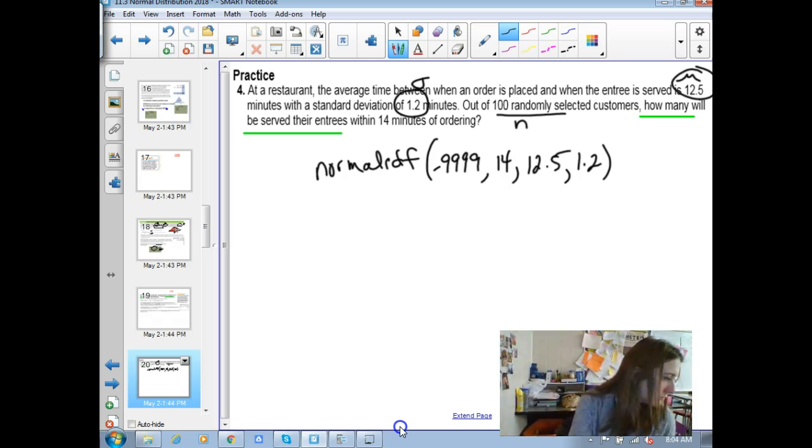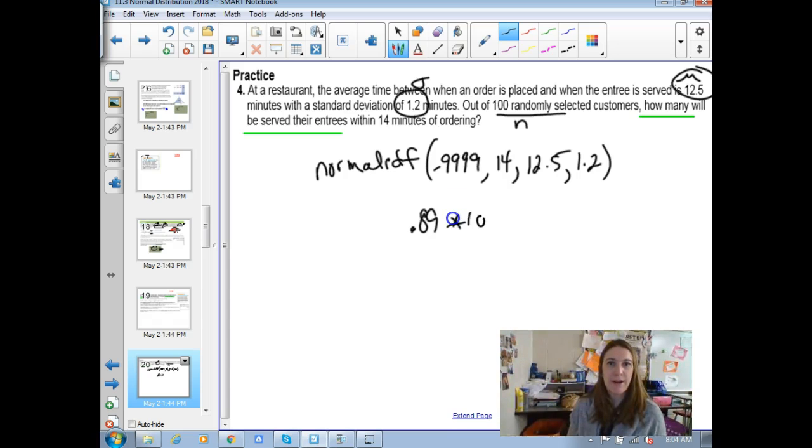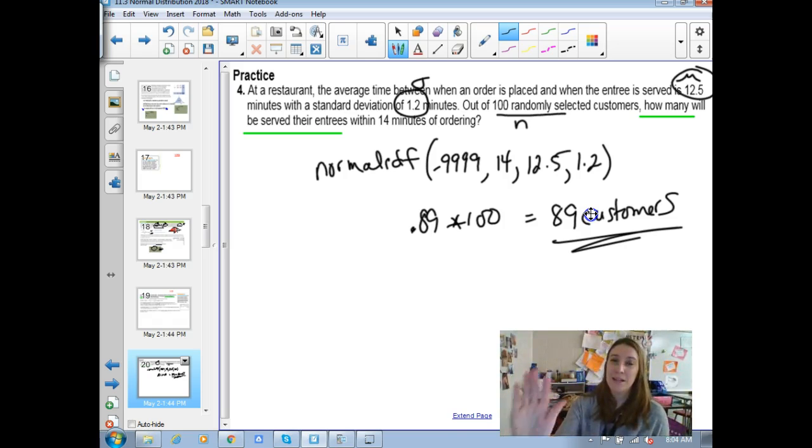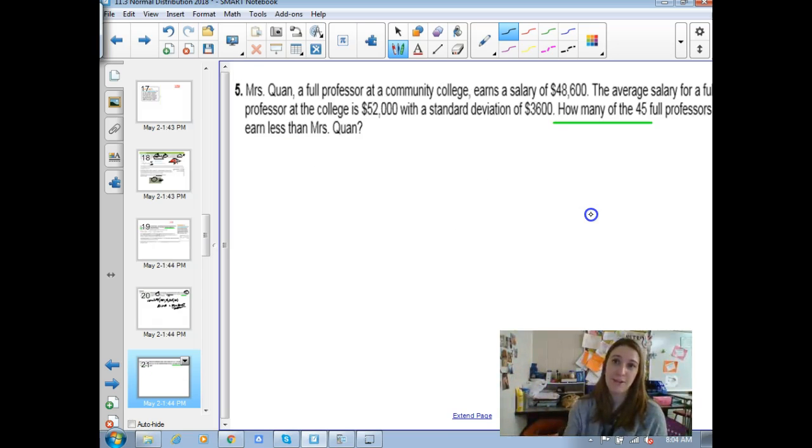Or not. I'll find it. Just a moment. All right, so I'm going to steal my answer from one of my coworkers. It came out to like 0.89 something. So if we multiply that by our n, it's about 89 customers. Again, I do not care if you standardize your data and use z-scores. If you want to, you go right ahead.